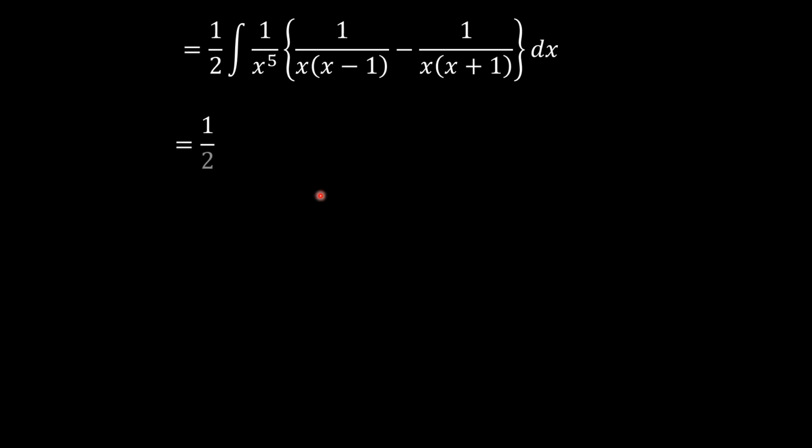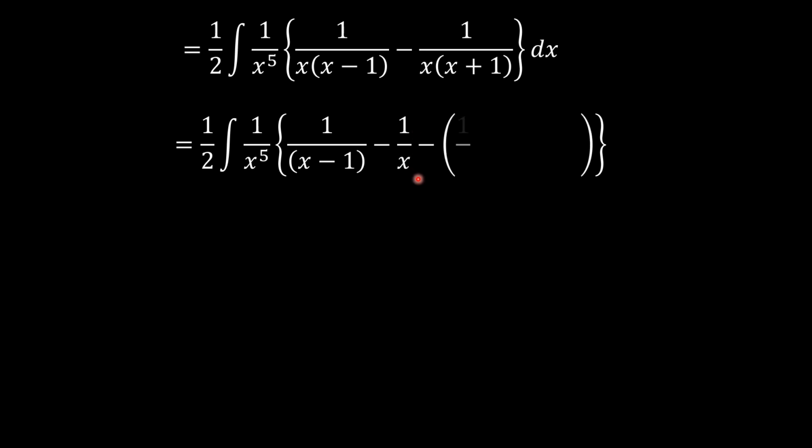That becomes this part here: 1 over x times x minus 1 is the same as 1 over x minus 1 minus 1 over x, minus, open bracket, this here becomes 1 over x minus 1 over x plus 1.